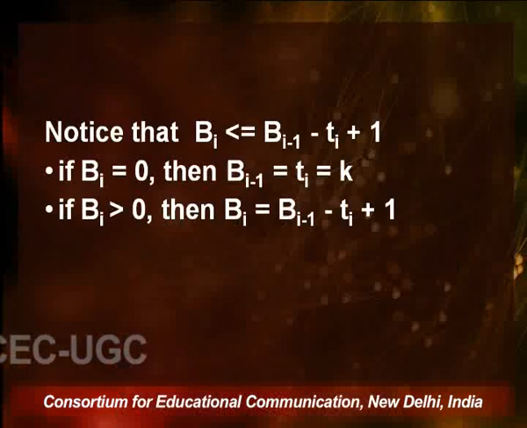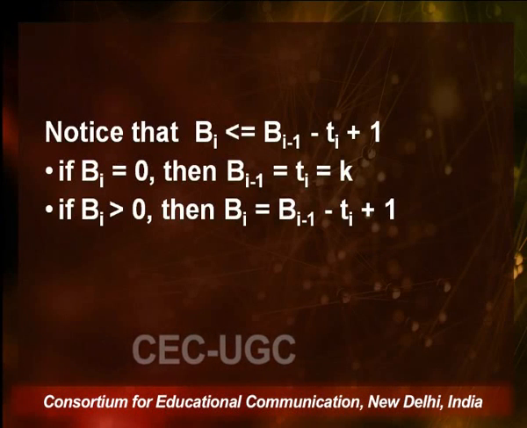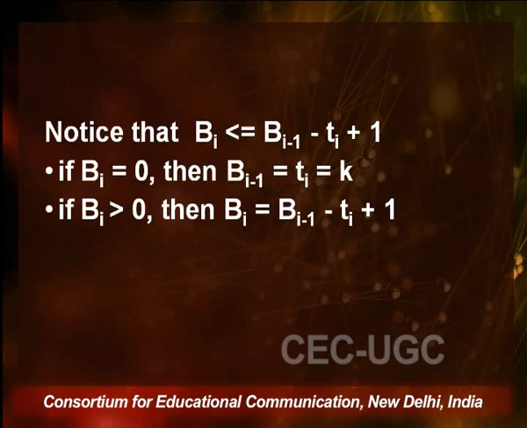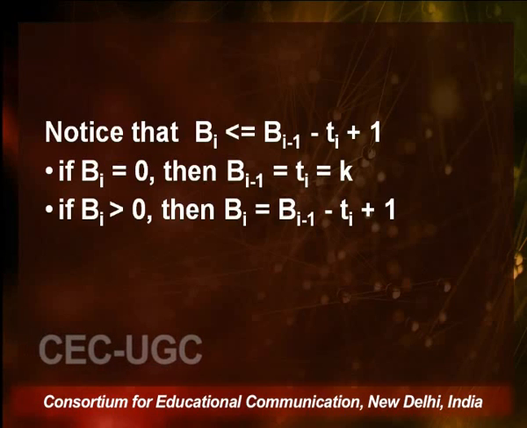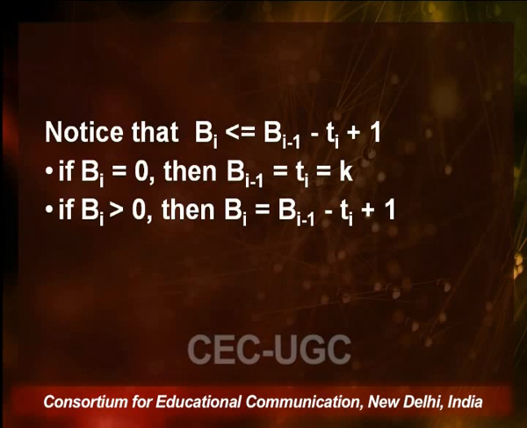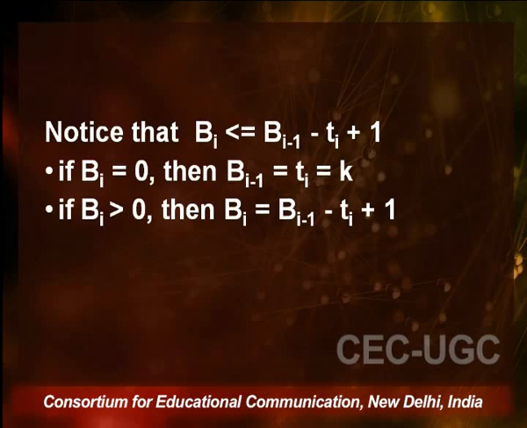But one thing worth noticing here is that Bi is less than or equal to Bi minus 1 minus Ti plus 1, for both the cases, when Bi is equal to 0 or Bi is greater than 0.